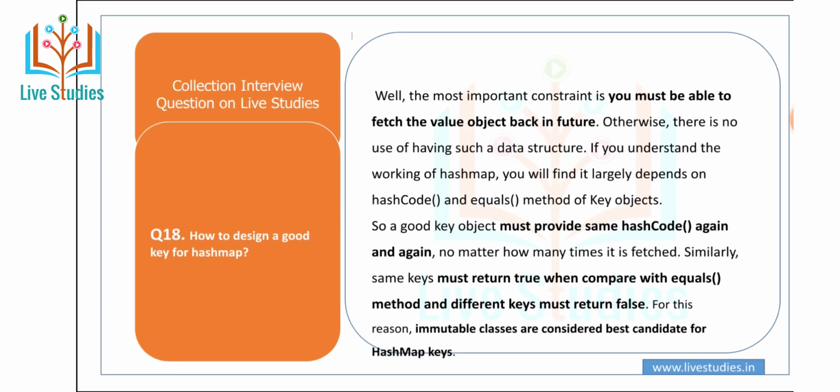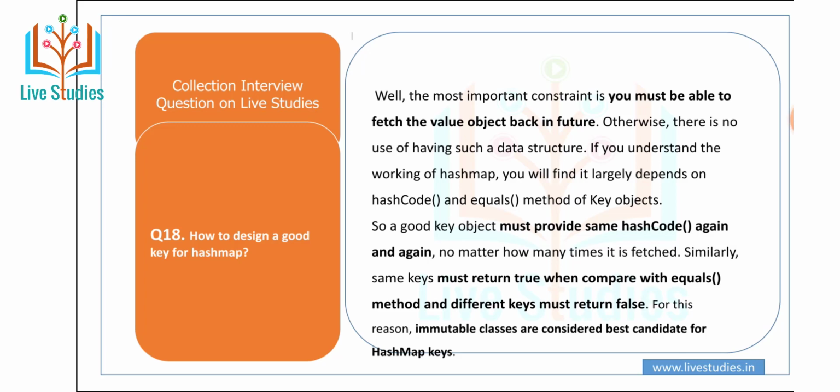Another question is how to design a good key for HashMap. Well, the most important constraint is you must be able to fetch the value object back in future. Otherwise, there is no use of having such a data structure.